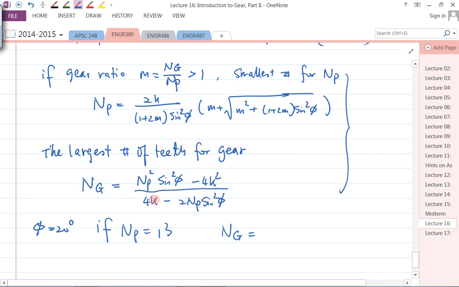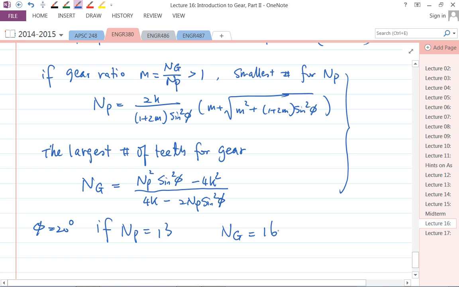If the pinion is 13, the NG is calculated actually 16. Okay, so which means what? Which means when you have a 13 teeth pinion, then the maximum number of teeth for the gear to mate it is 16. Or in other words, the maximum gear ratio that you can achieve for the no interference case is 16 over 13. So it's less than 2, right? So that's the idea here.